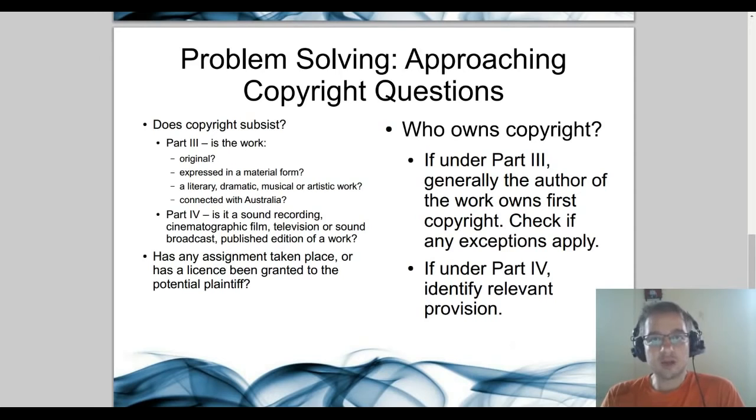The default rule under Part 3 is that generally the first author of a work is the owner. Obviously, that's modifiable by contract. And the default rule under Part 4 is usually that the maker of the broadcast or the producer of the film or the maker of the sound recording and so on is going to be the first owner of copyright. Again, in practice, all of these are always modified by contract.